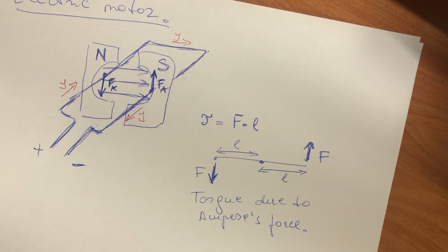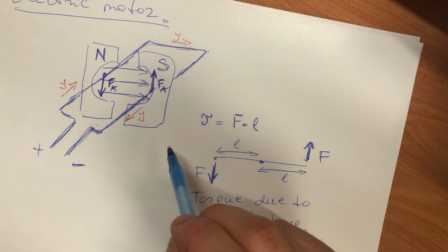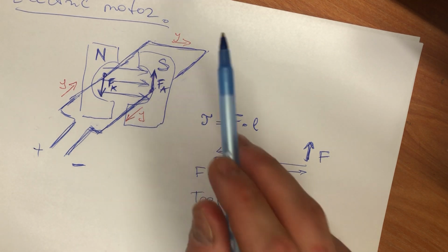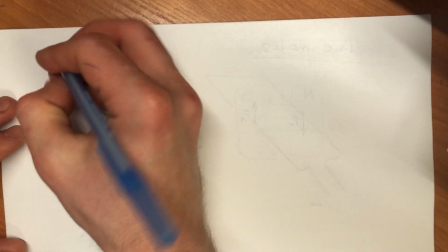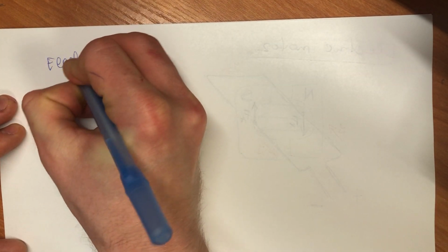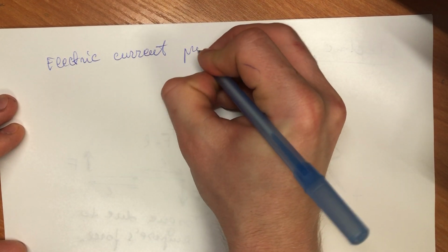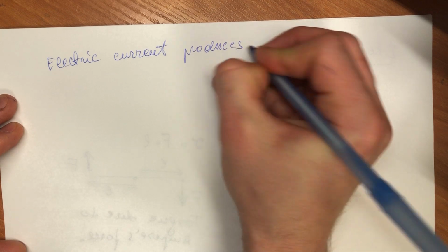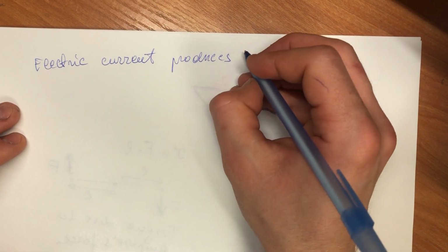So now we know, what do we know now? That electric currents produce a magnetic field. A charged particle is the same.